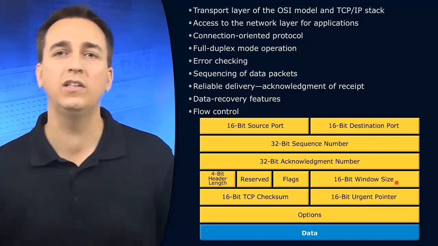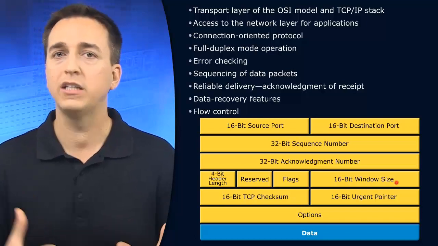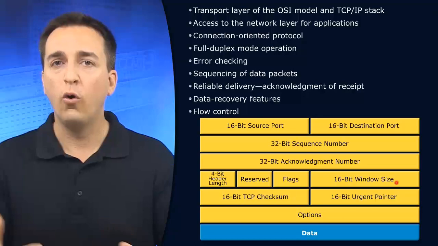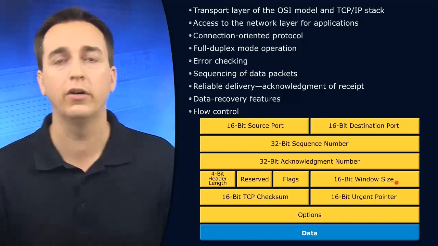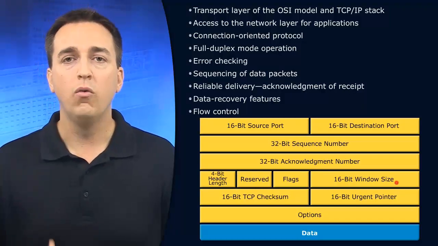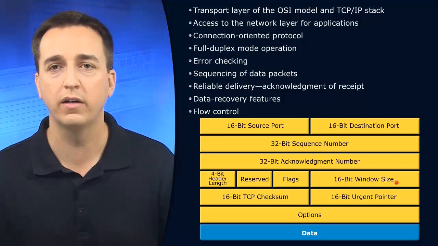Nowadays, with 10 gig links and 100 gig links, we could theoretically transmit more data than 65,535 before we have to receive an acknowledgement, before anything might go wrong or get congested. So we have the ability to window scale nowadays, whereby we can go higher than the 65,535 mark.